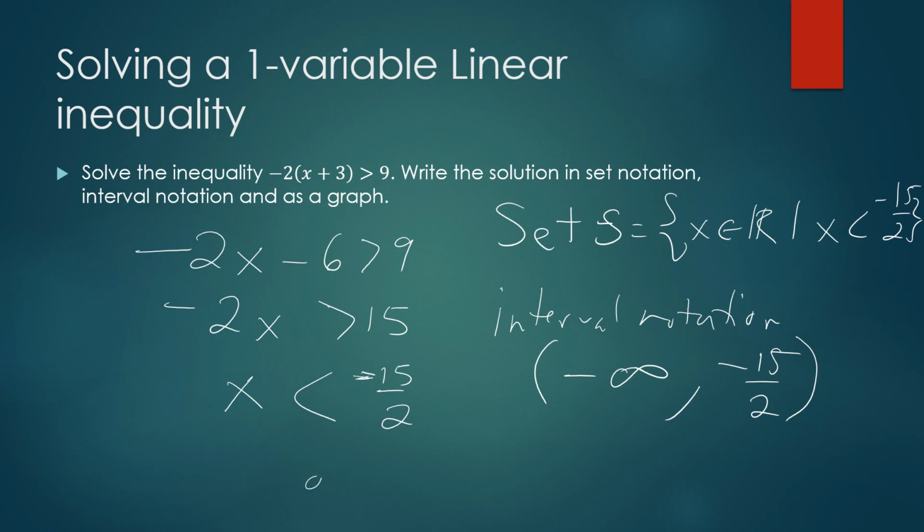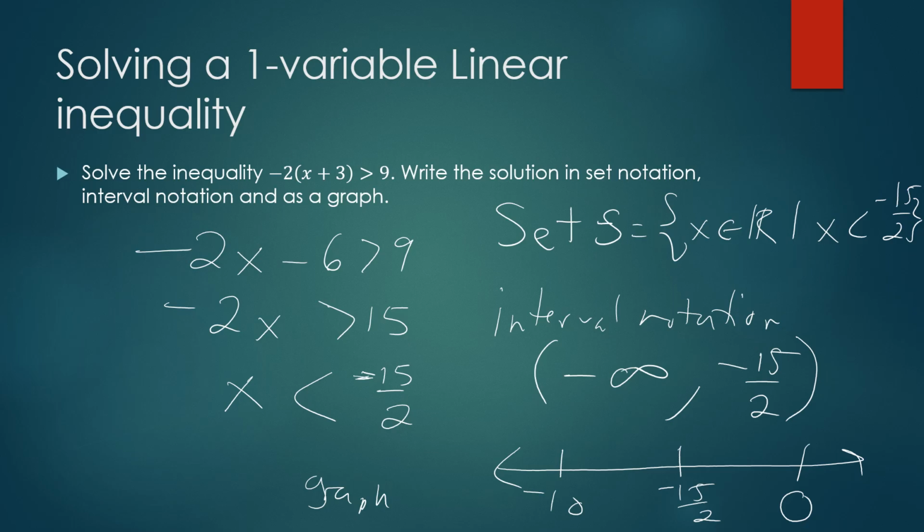Now we're going to graph. I have negative 15 over 2. If I don't scale it, I'll just mark 0 over here. Negative 15 over 2 is the same thing as negative 7.5, so I'm going to put negative 10 over here.